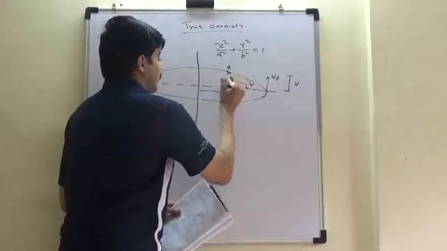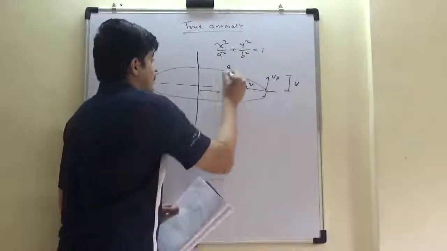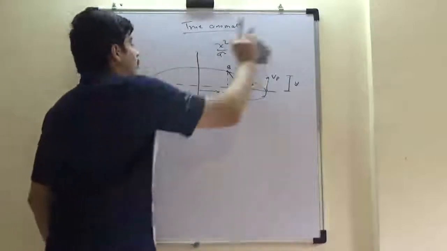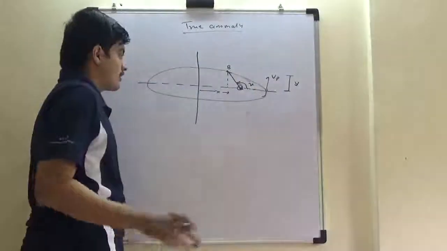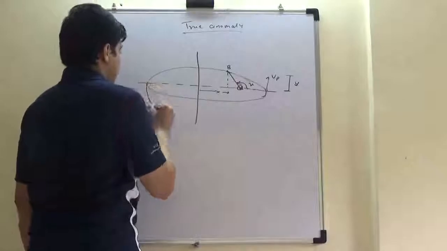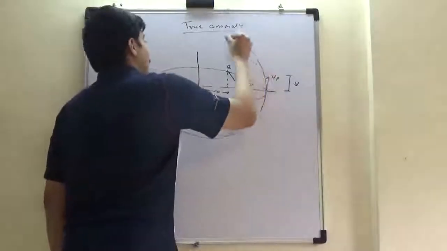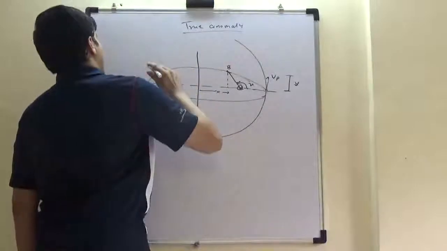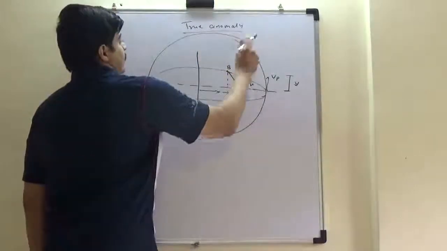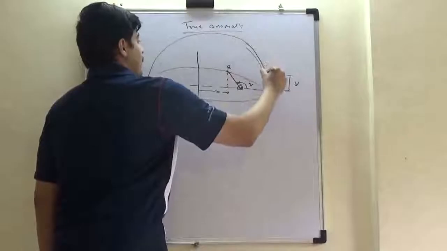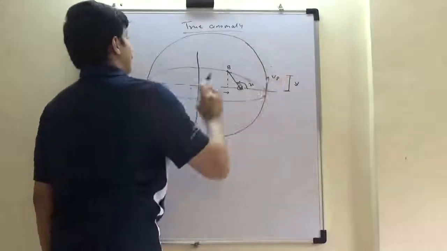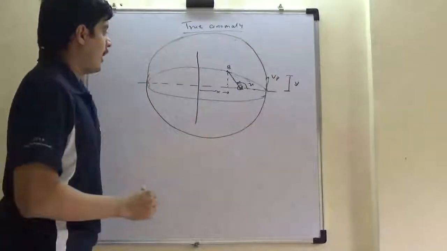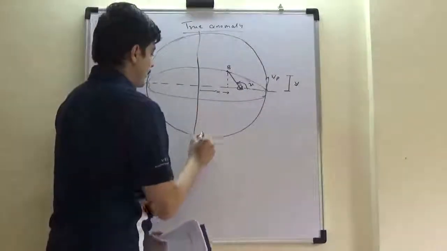Now, the trick that I do is I take this point, okay, and this is very important. I draw a circle which circumscribes my ellipse. I draw a hypothetical circle which circumscribes my ellipse. And what will be the radius of this circle?